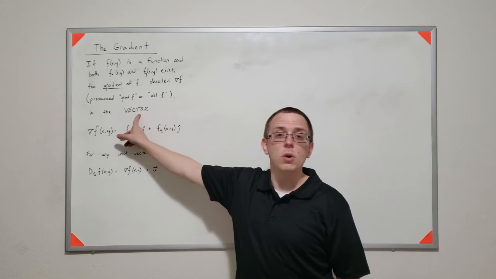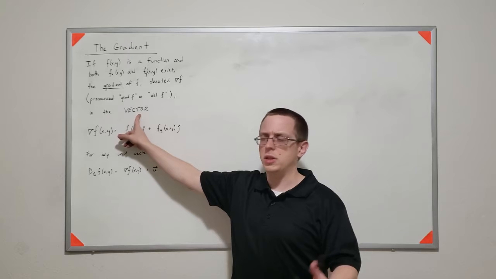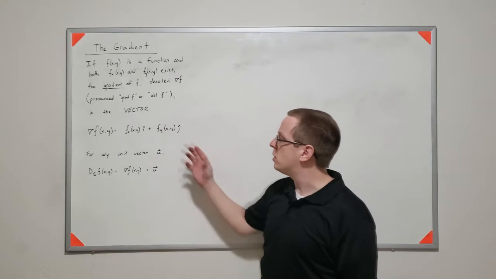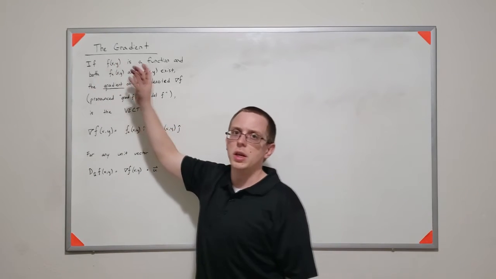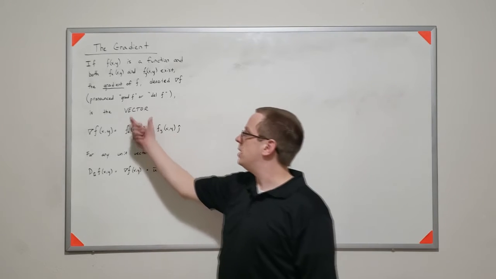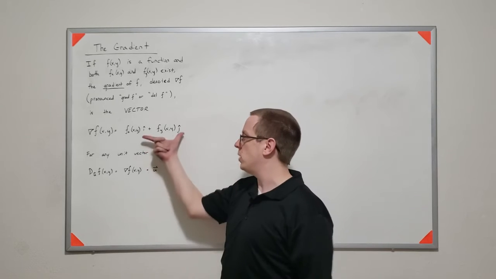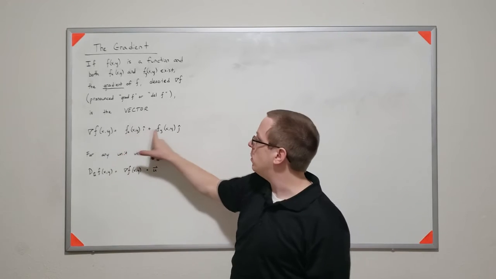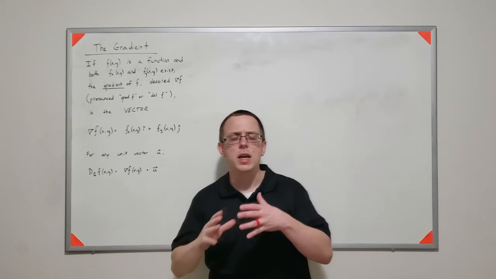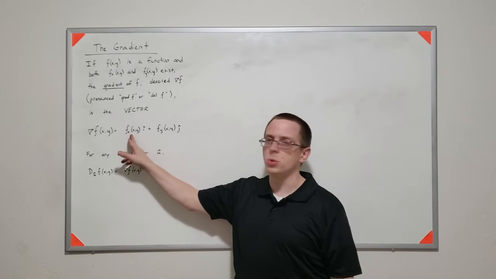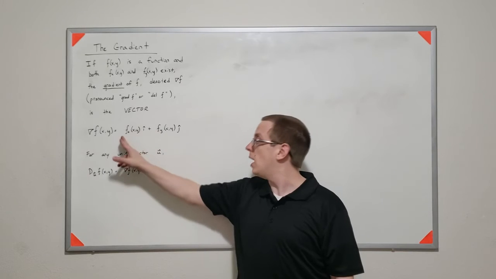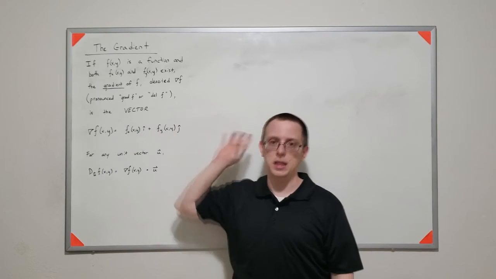It's a vector. We've been dealing with a lot of things that generate vector functions, but this is the first time that we take a scalar function and construct a vector out of it. The thing that we generate is a vector with the partial derivatives in each direction being part of the i, j, or if I had three components, partial with respect to x i, partial with respect to y j, partial with respect to z k, and so on and so forth.